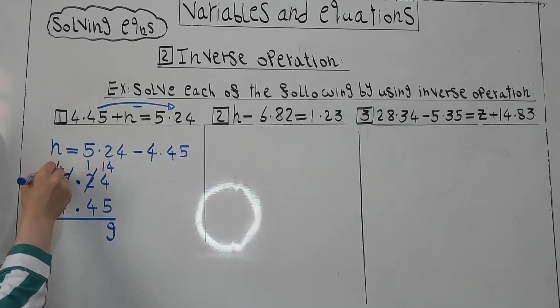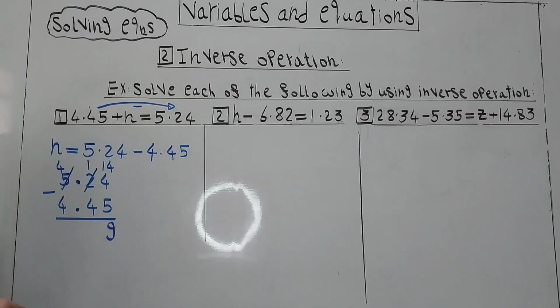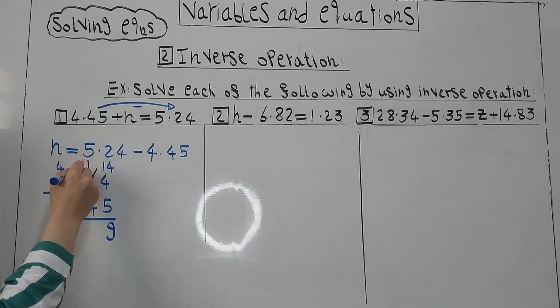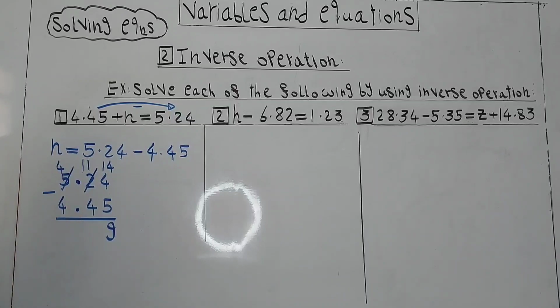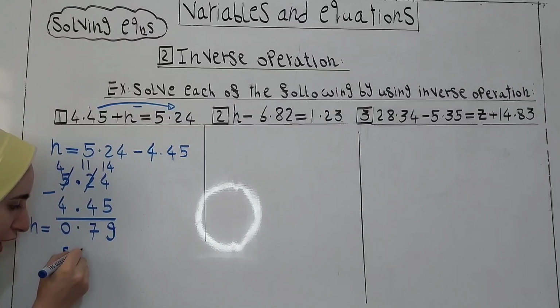It will be 4. And add 10 to the digit 1. It will be 11. Now 11 minus 4 equals 7. We reach the decimal point. Bring it down. Now 4 minus 4 equals 0. 0 whole number. So 0.79 is the value for the variable n. And n equals 0.79 is the solution for the equation.